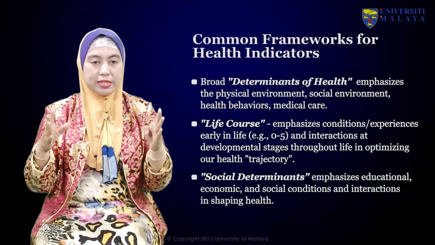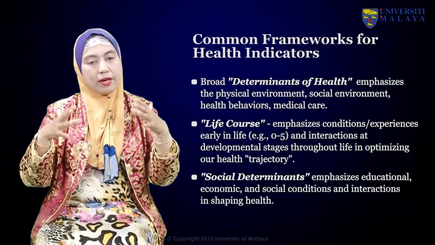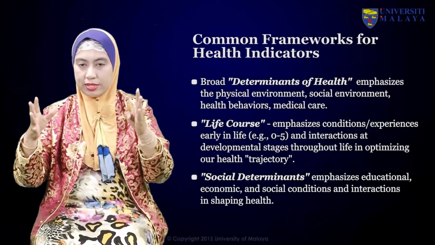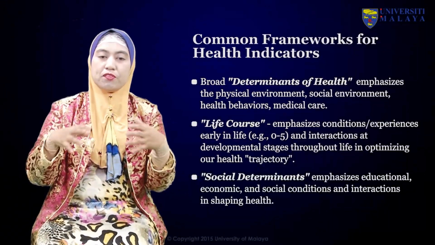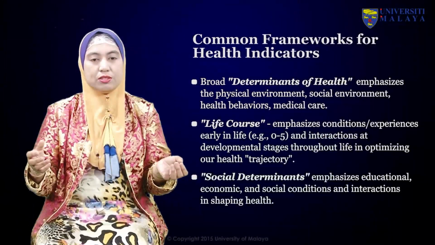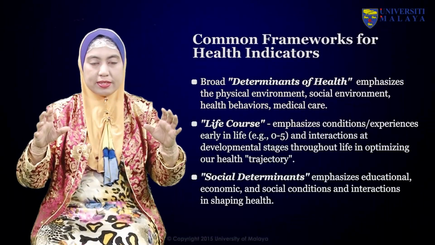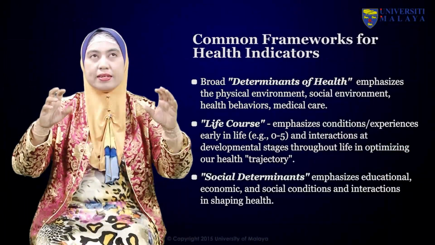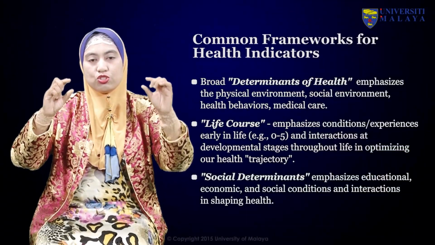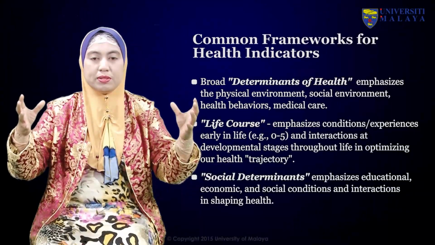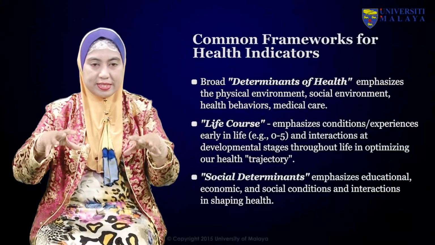We are going to see the relationship between health indicators and social indicators. Before that, you have to know that health indicators are a tool to show how broad the determinants of health involved in a certain disease are.